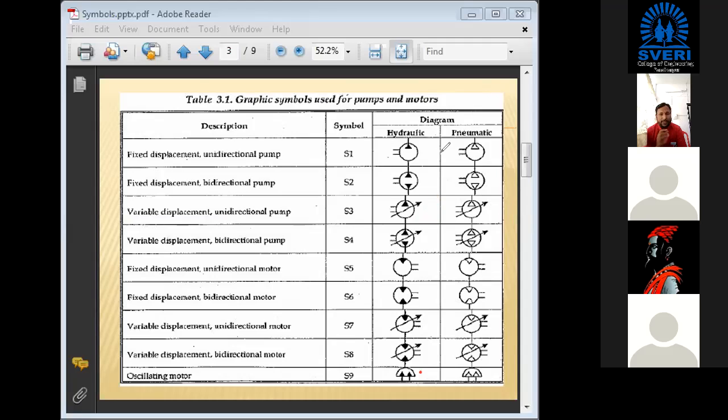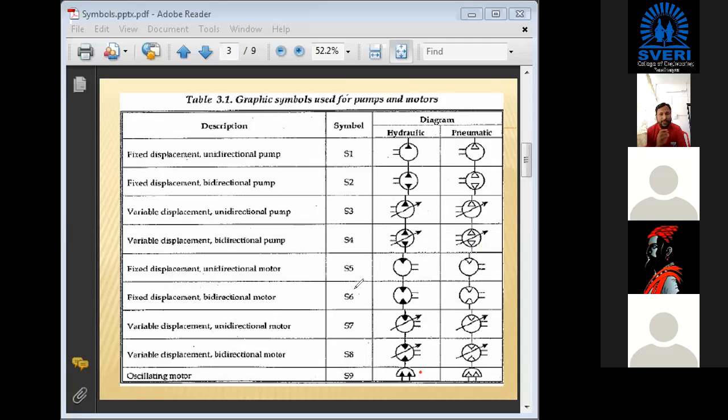Now let us go for variable displacement bidirectional. Bidirectional means both directions, and variable displacement means this inclined arrow, filled arrow. And for pneumatic, this one. Correct. So every symbol has its own meaning. Please keep in mind, every symbol has its own meaning.